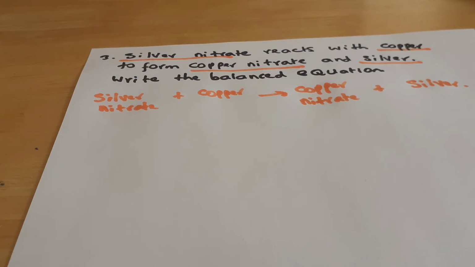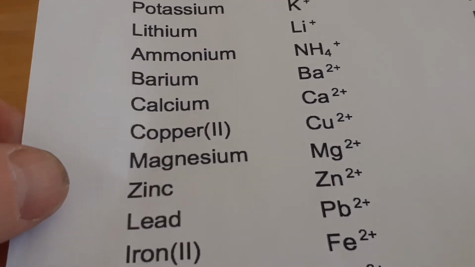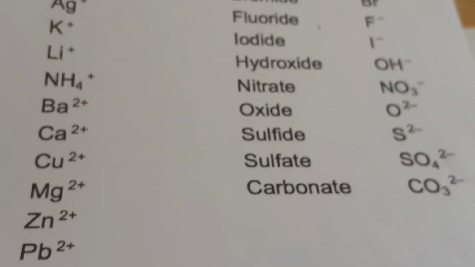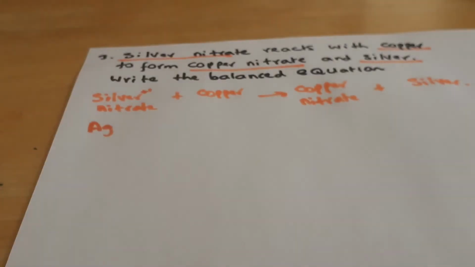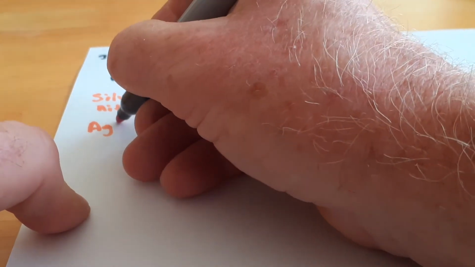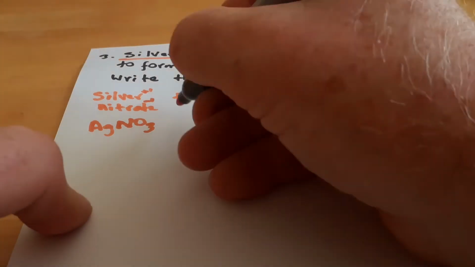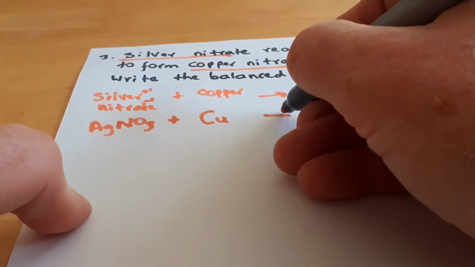Right, so let's go for this. Silver. So if we look for silver, silver is Ag plus, so it's +1. Nitrate, as we can see, is NO3 minus. Now, because they're equal and opposite, they cancel each other out, so it's balanced. Copper. It's an element, so there's no charges there.